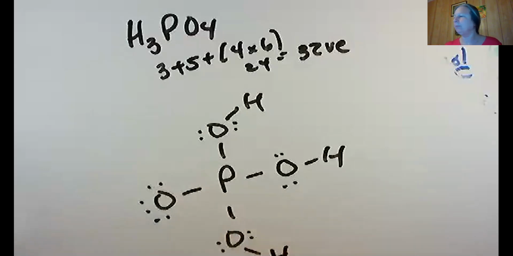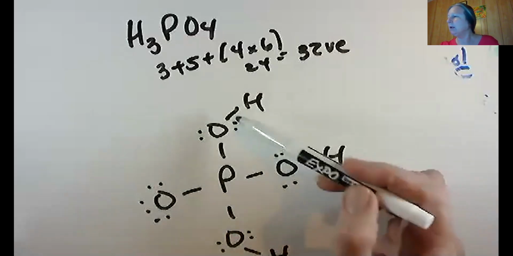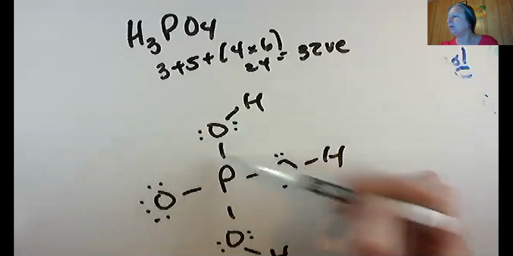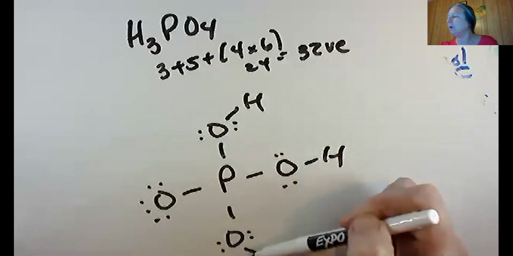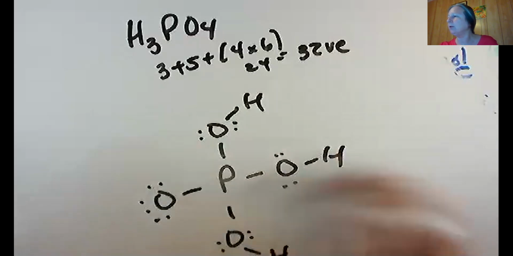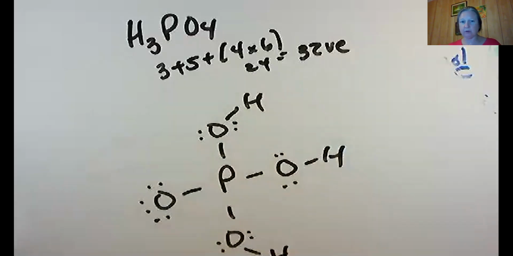And count them up. So 2, 4, 6, 8, 10, 12, 14, 16, 18, 20, 22, 24, 26, 28, 30, 32. So I have 32 valence electrons.